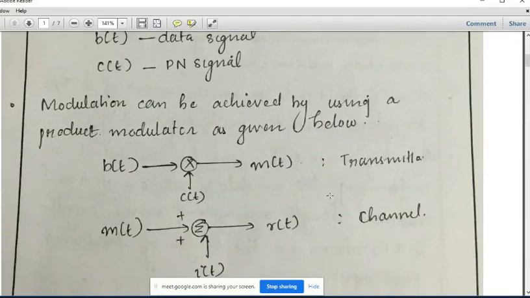Now this spread signal m(t) is passed through a channel to reach the destination, the receiver.